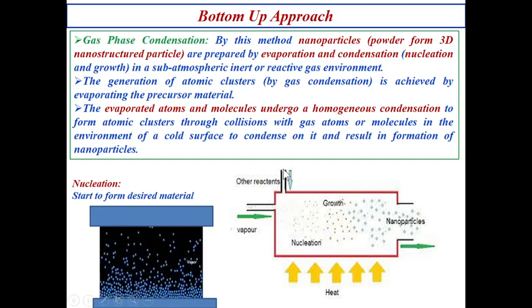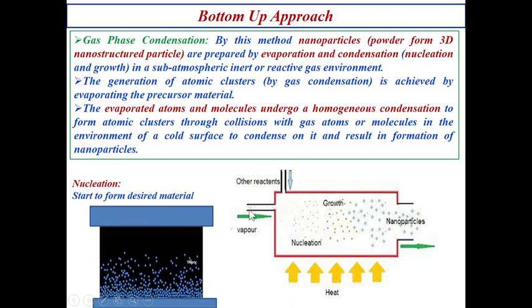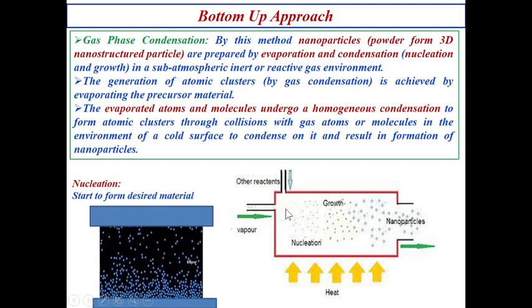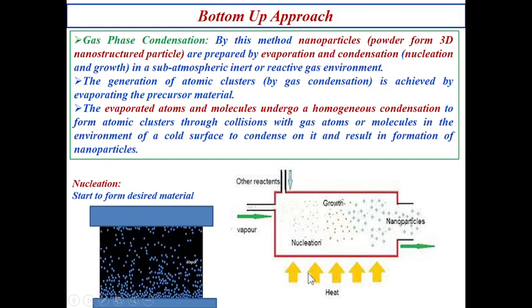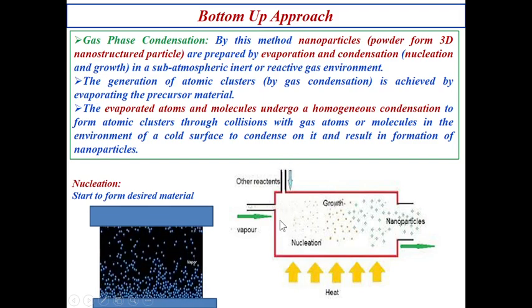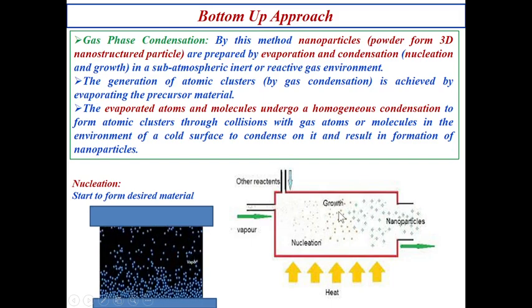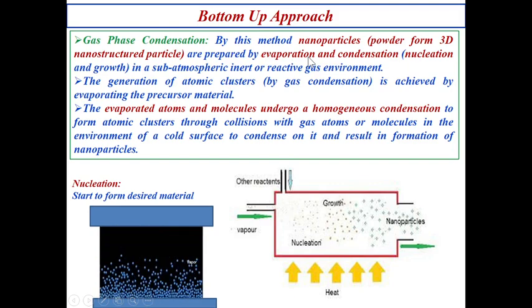You just imagine you inserted some powder along this way, and along this way you inserted vapor, and here heat has been given. So what will happen? Whatever precursor or powder you insert is going to be vaporized or evaporated. So it is prepared by evaporation and condensation.